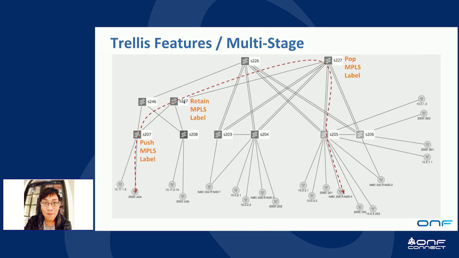But when the MPLS packet reaches switch 247, it actually retains the same MPLS label it just passed through. So this is still an MPLS packet with label 205. And then once that packet reaches spine 227, you actually pop that MPLS label and forward it to the correct destination leaf, which is 205 in this case. And then on 205, you'll just do IP routing, route to the destination host.